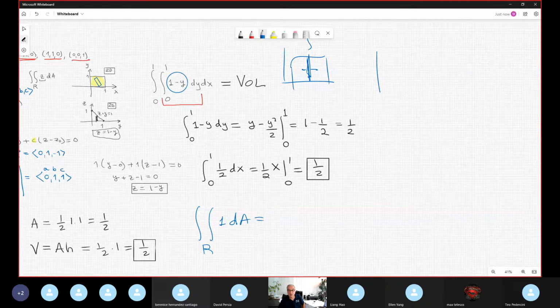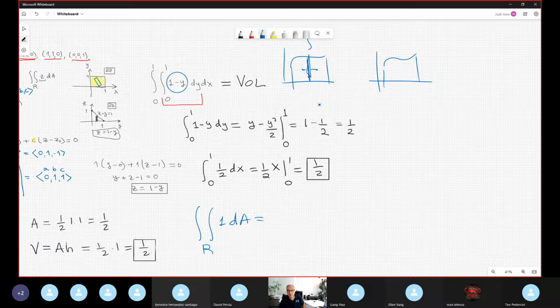In multivariable calculus, you have the same problem, but you consider that dA is a small rectangle. So you are doing two integrals. One integral stretches in this direction, and another integral in the other. And this is the same, only with the consideration that the integrand function is 1. If the integrand function is not 1, then it has another meaning. Cool?